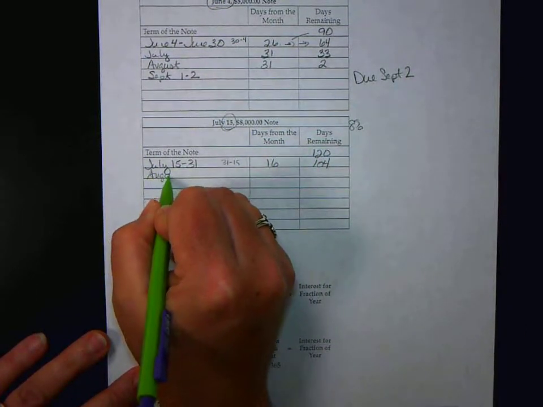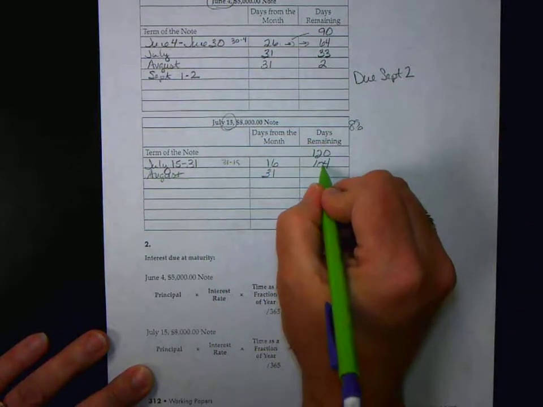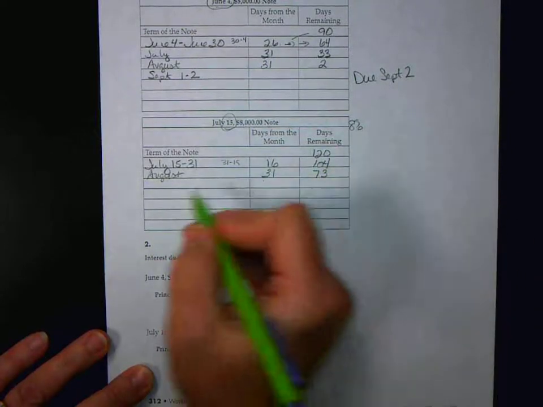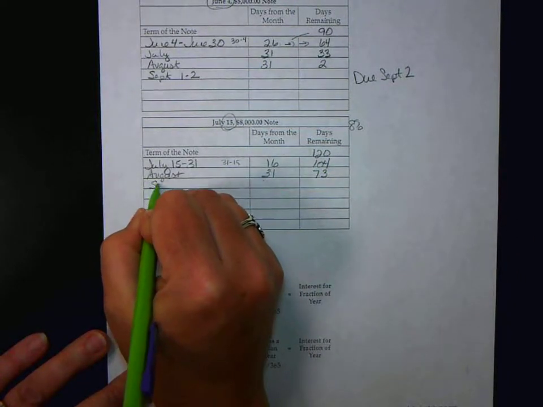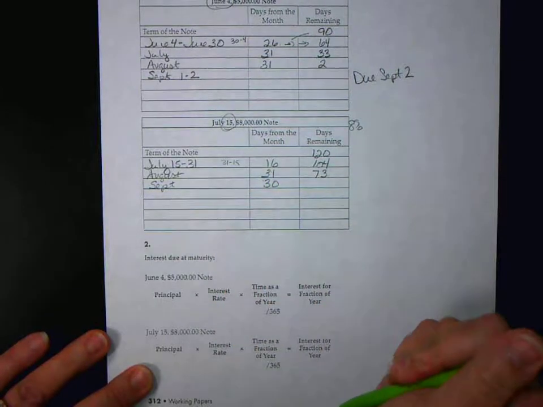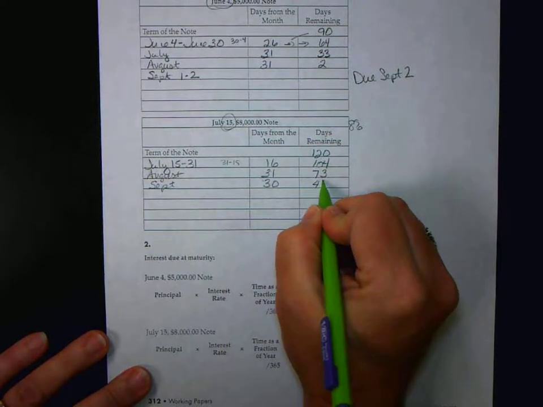August, 31 days. 104 minus 31, 73. September, 30 days. 73 minus 30 is 43.